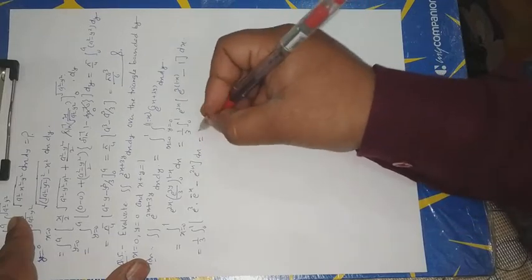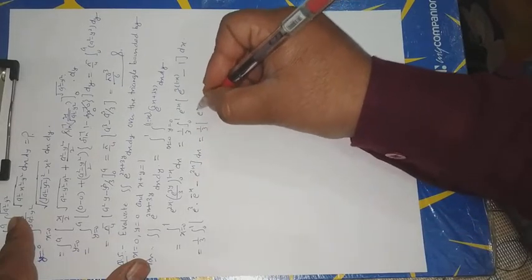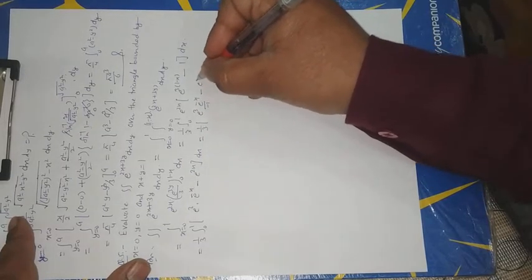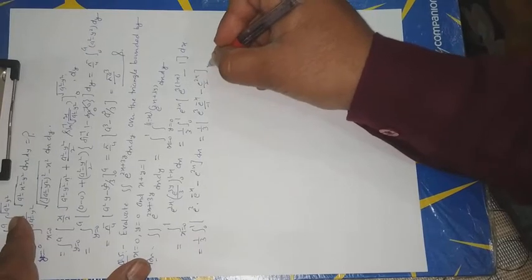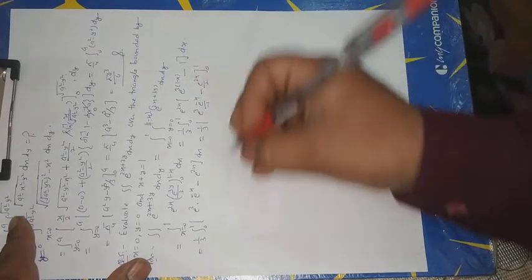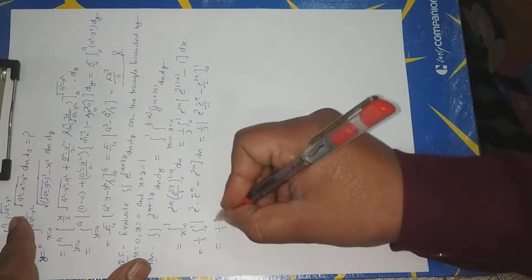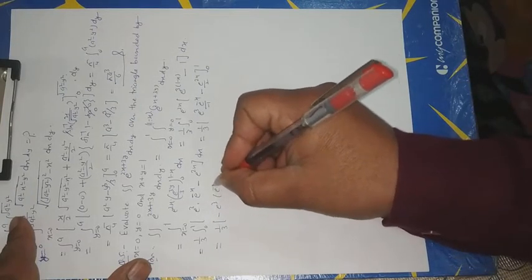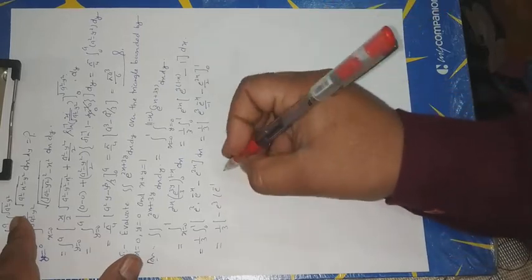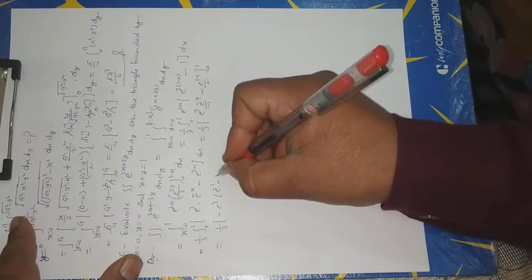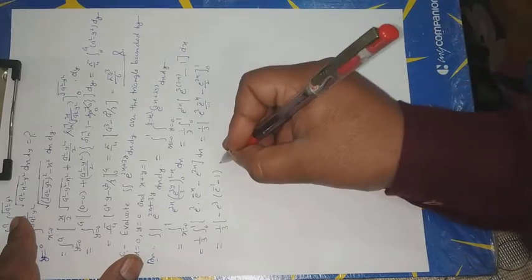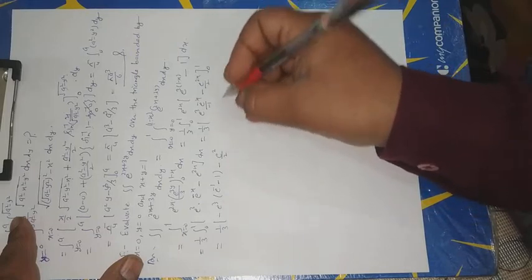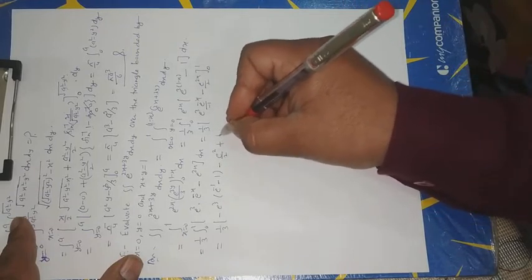Now integrate: 1 upon 3 [e to the power 3 e to the power minus x upon minus 1 minus e to the power 2x upon 2], the limit 0 to 1. Now 1 upon 3 [minus e to the power 3 e to the power minus 1 minus 1 minus e to the power 2 upon 2 plus 1 upon 2].